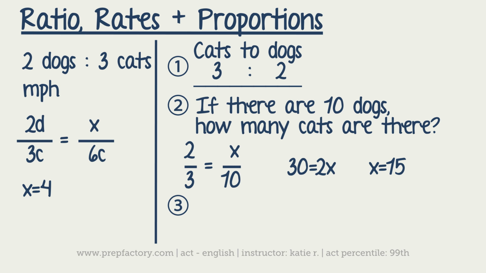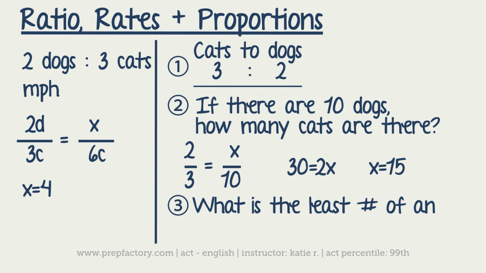But for ease of writing that down, let's do something a little more simple, like what is the least number of animals in this pet store? So the least number of whole cats you can have is 3, and the least number of dogs is 2. So in that case, all you'd have to do is just add up the different pieces of your ratio to come up with the least number of animals.